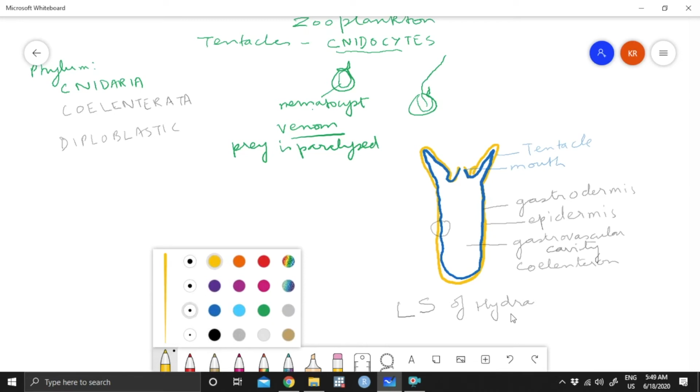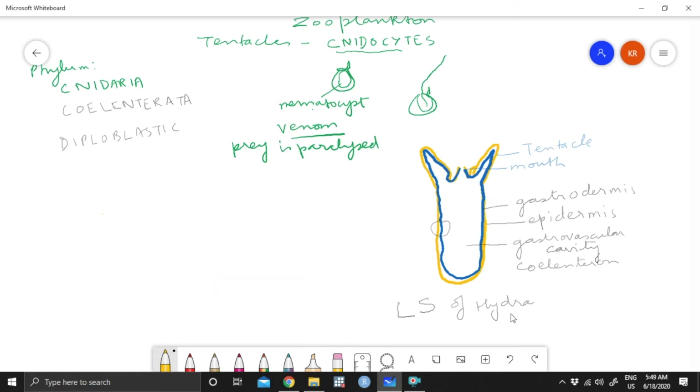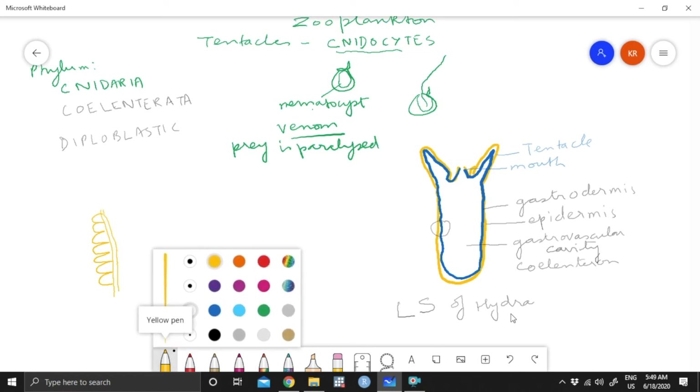Okay. So I am just drawing some cells over here of the ectoderm. These cells we need not bother about. There are different cell types. All of them are here in this layer. But the blue colored, that is the endoderm. There are two main cell types which we are interested in.